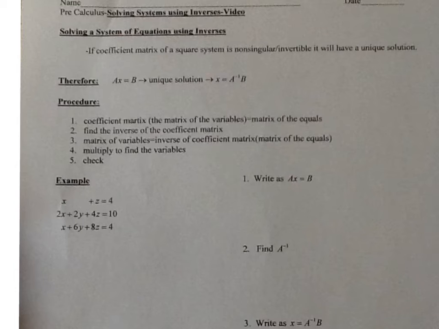The first thing we want to do is write it as matrix A times your variables equals matrix B, which is your equals.